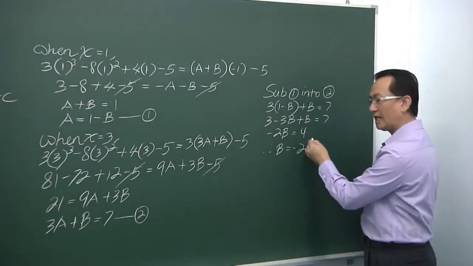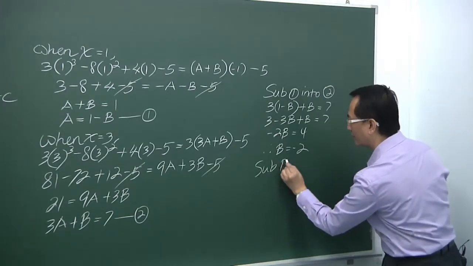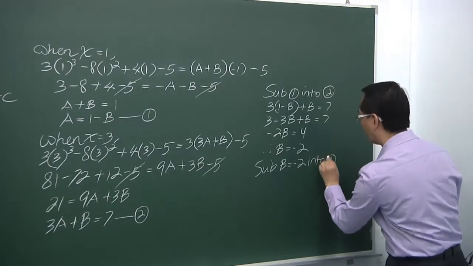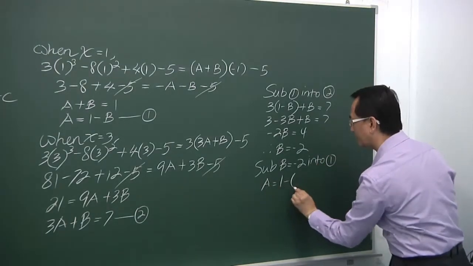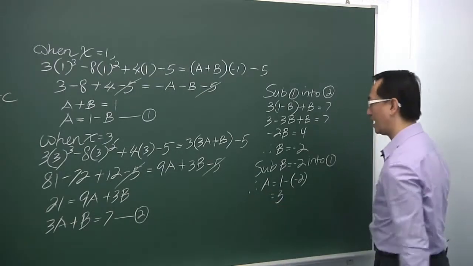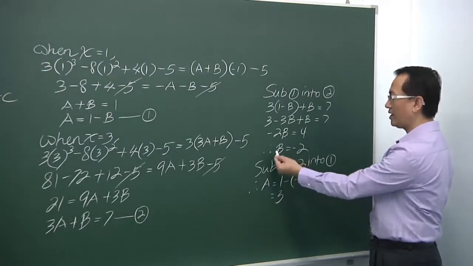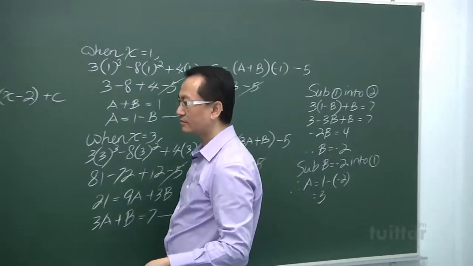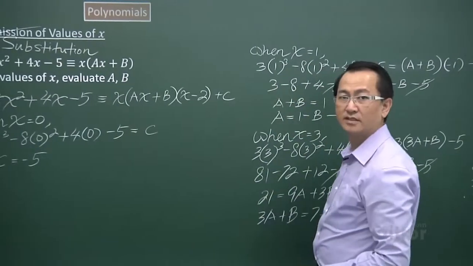So, having found b, I will then substitute the value of b into equation 1. So a is simply just 1 minus the negative 2. I get a equals to 3. So a is equals to 3, b equals to negative 2, and right at the start here, I found the value of c, which is negative 5.